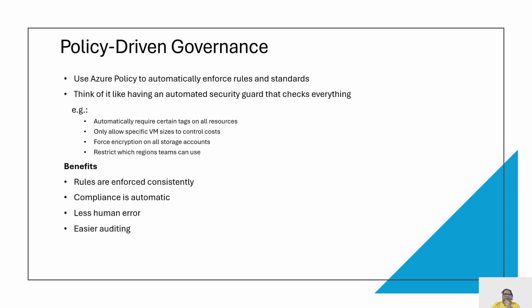You can also integrate with Azure Blueprints, which allows you to deploy a predefined set of resources and policies together. This is useful if you want to spin up a compliant environment quickly. For cost control, policies also play a key role, where you can limit VM sizes, storage types, and certain specific SKUs.